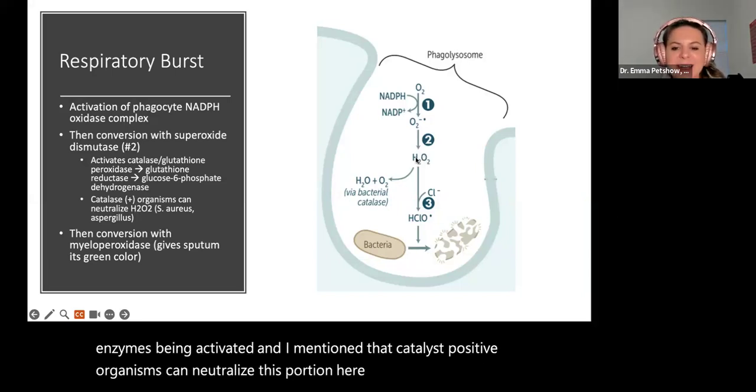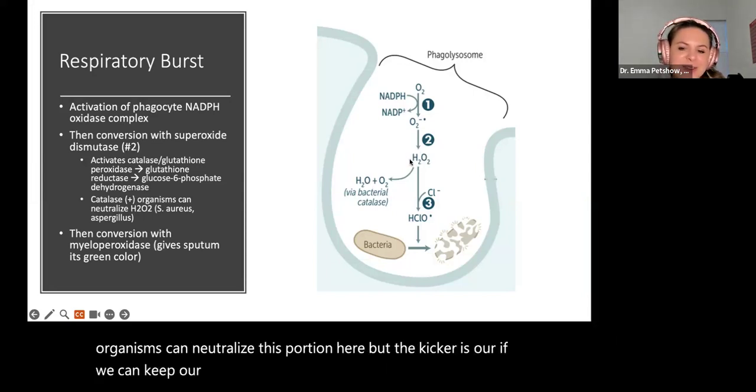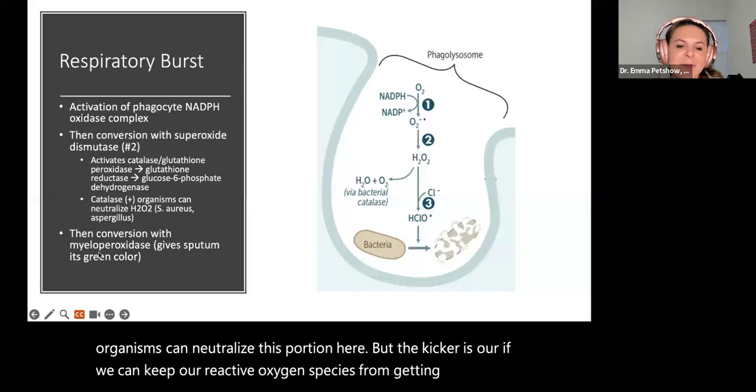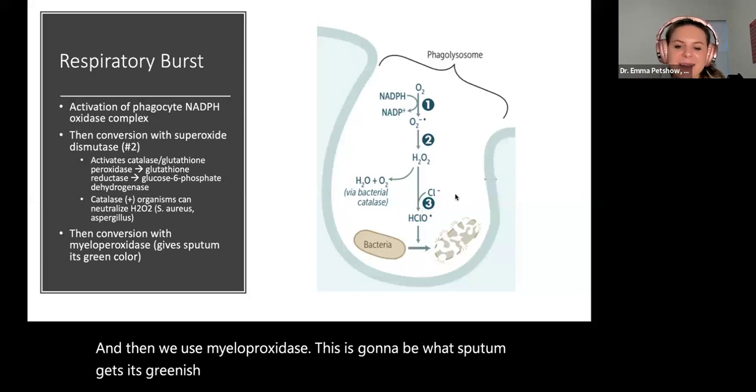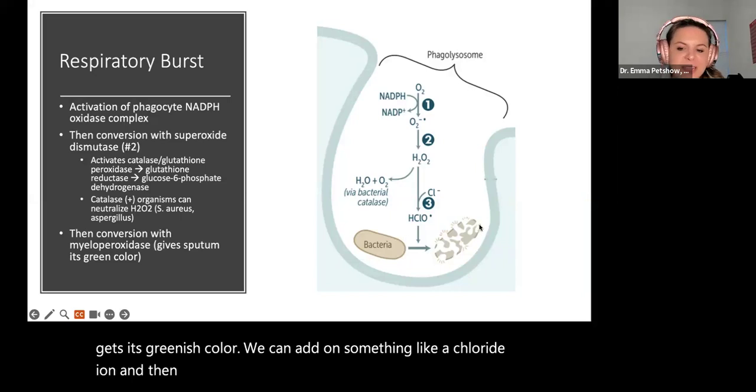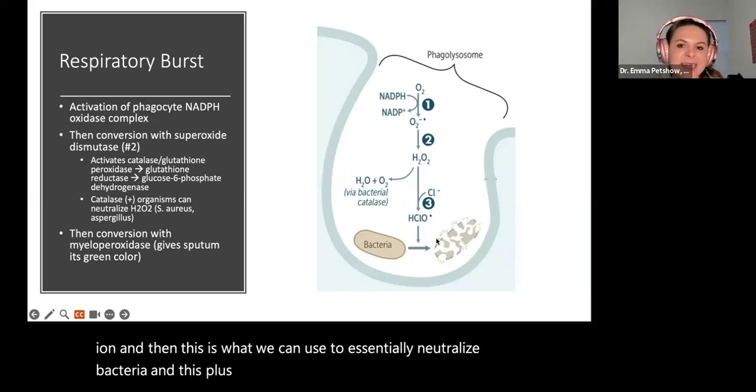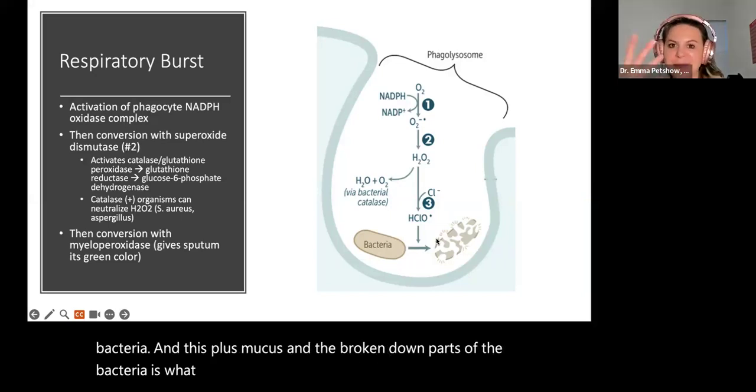But the kicker is if we can keep our reactive oxygen species from getting neutralized, and then we use myeloperoxidase, this is what sputum gets its greenish color from. We can add on something like a chloride ion, and this is what we use to neutralize bacteria. And this plus mucus and the broken down parts of the bacteria is what we see in our green mucus as we start to fight off a disease.